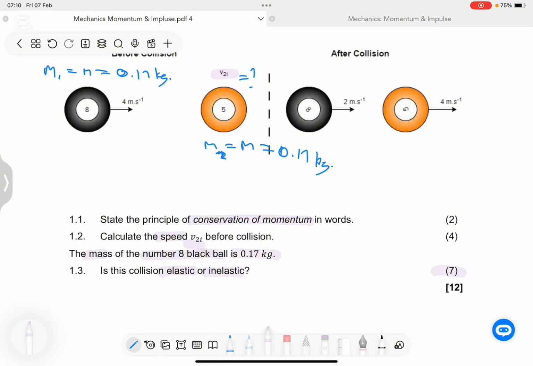To answer this question, we have to assess the total kinetic energy of the system before and after collision and compare the total kinetic energy before and after. If our total kinetic energy is the same before and after collision, we say this collision is elastic. If it is not the same, we say it is inelastic.